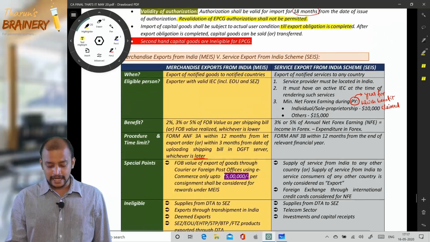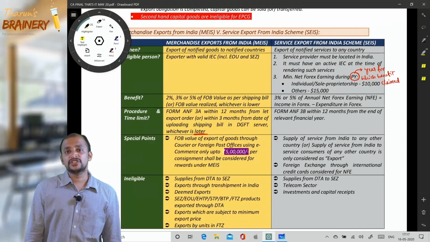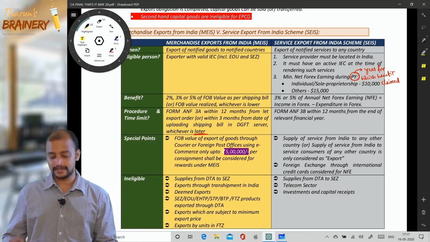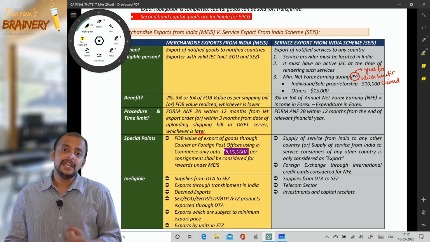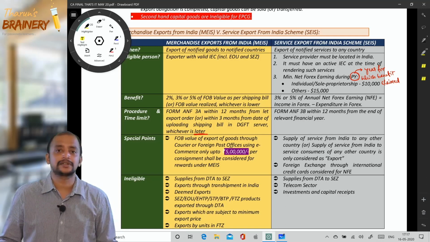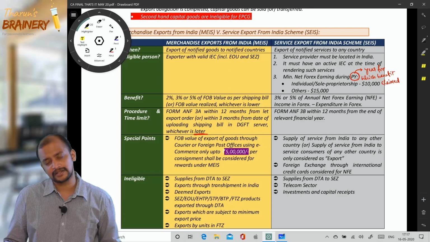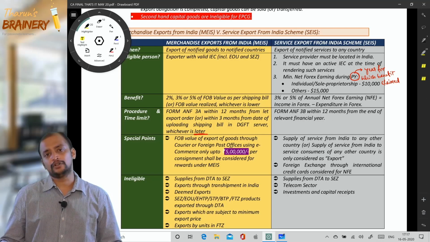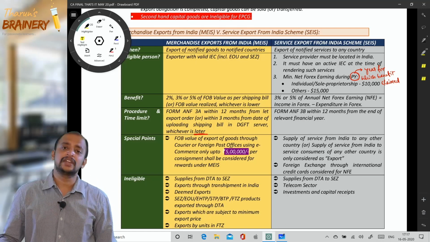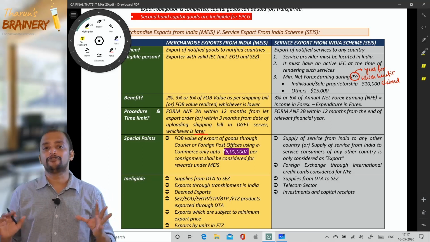Then the next area is MEIS and SEIS. Merchandise Export from India Scheme and Service Export from India Scheme. What is this? Whenever I am exporting some goods or services, I will be incurring a lot of administrative expenses, and therefore in order to provide me some relief, they are giving me duty credit scrips depending upon my export performance.